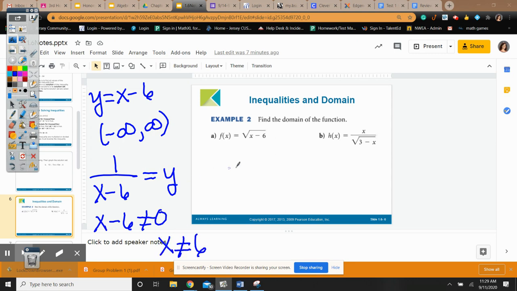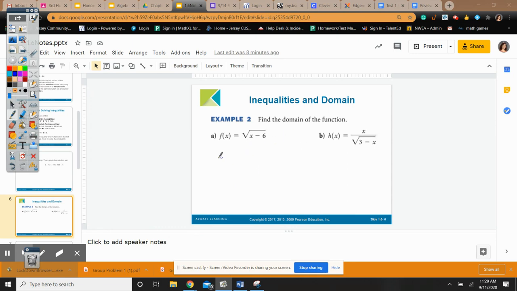So we would say x minus 6 cannot equal 0, and x cannot equal 6. The same is true with square roots and even roots. They have risk factors because you cannot have a negative underneath a square root. So what you do when you see a risk factor like this is we're going to write an inequality. When you see the square root of x minus 6, you should be like, oh, wait, this guy cannot be negative. Well, another way of saying that is x minus 6 must be greater than 0.